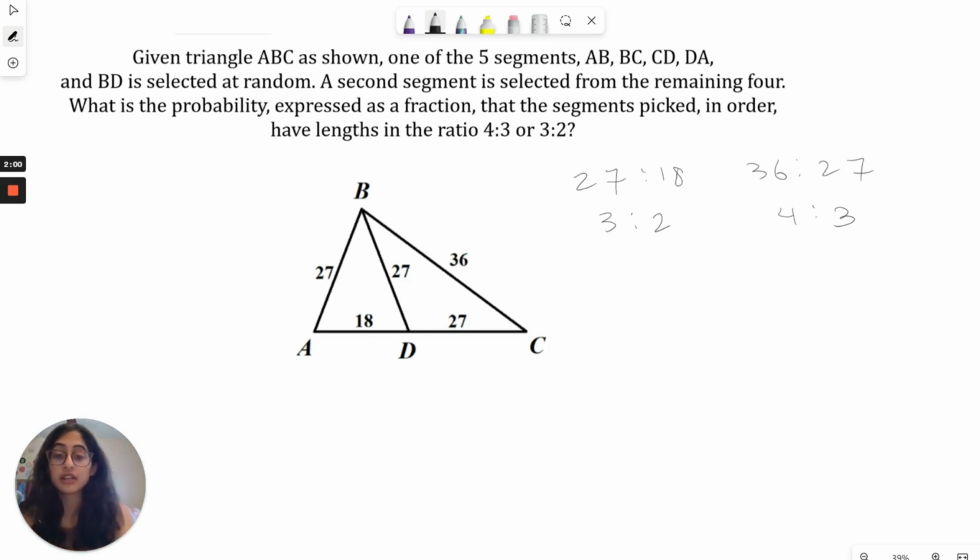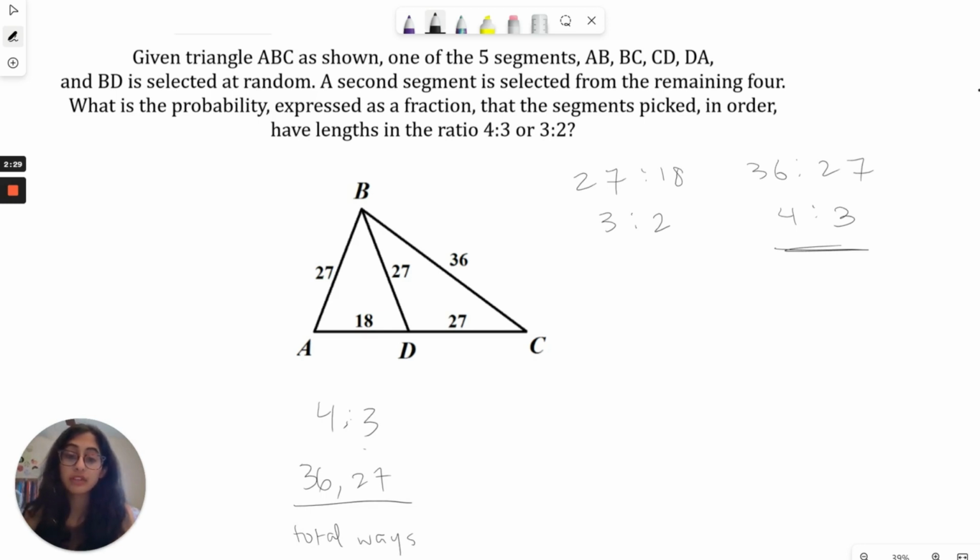So what does it mean when it says we're looking for the probability that the segments picked in order have lengths in the ratio 4/3? Basically, the only way we can get a ratio of 4/3 is if someone picks a 36 and a 27 in that order. So the probability is the number of ways to pick a 36 and then a 27, over the total ways to pick 2 sides.